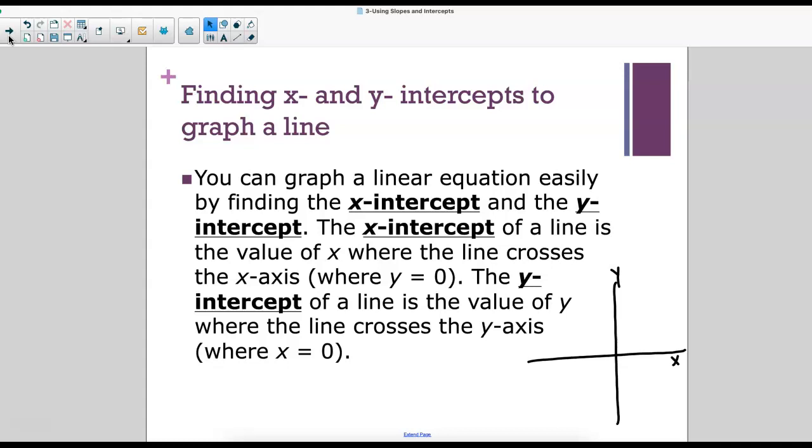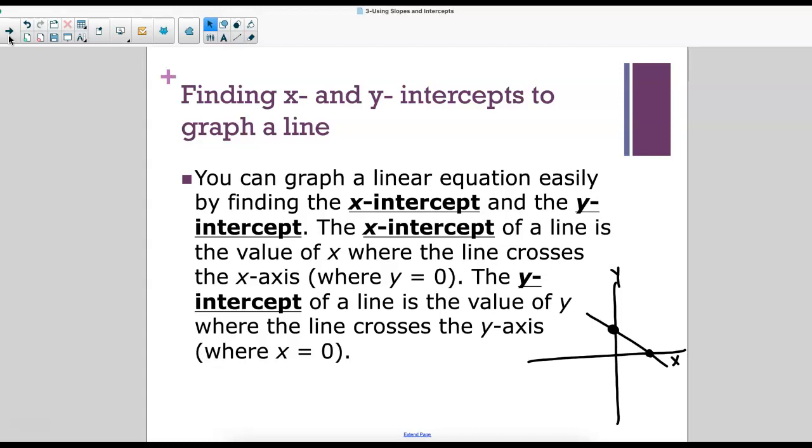You can't just have one, right? If I just told you this point, that doesn't really help me. The line could go in any direction, right? I need a second point in order to graph that line. And if you could give me a second point on this line, now I connect the dots and I have the graph. Does that make sense?